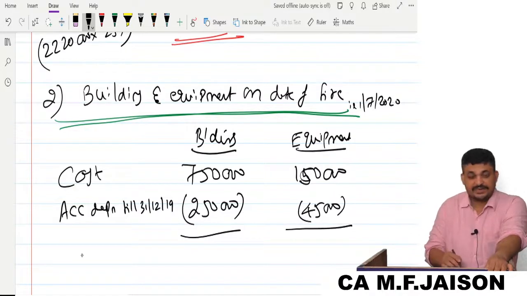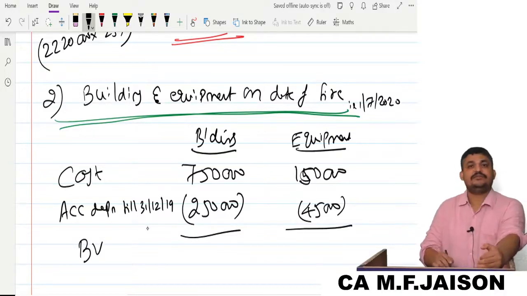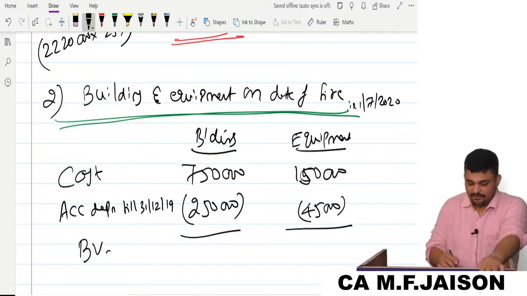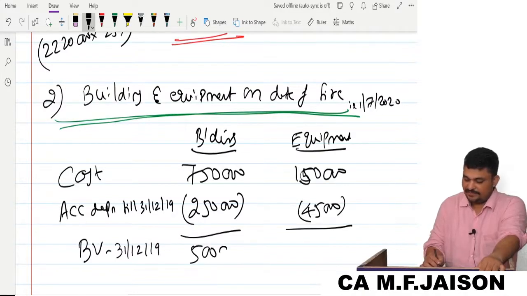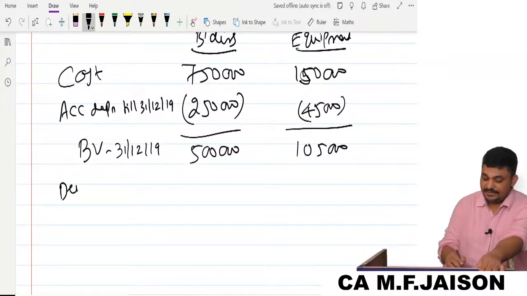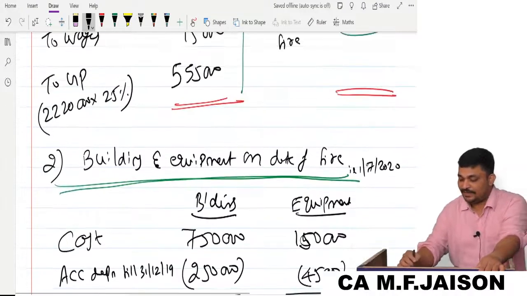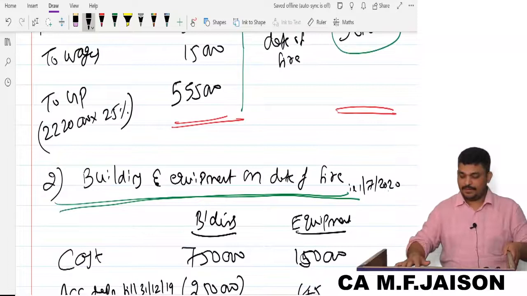So when I deduct that, what do I get? I get book value. By what date? Till whatever time you deducted depreciation, that book value you get. So book value by 31st December 2019 is 5 lakhs and 1,05,000. Now we should charge depreciation for 6 months because we want the value by 1st July, the fire date.